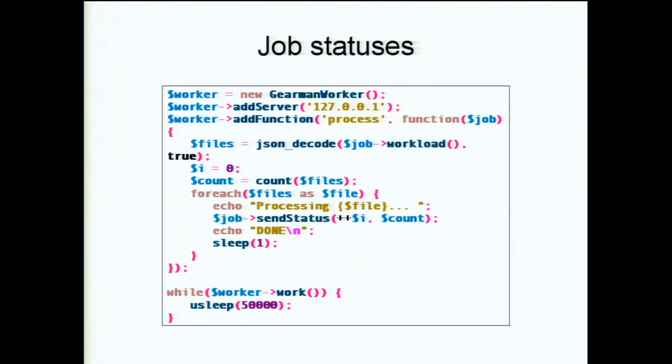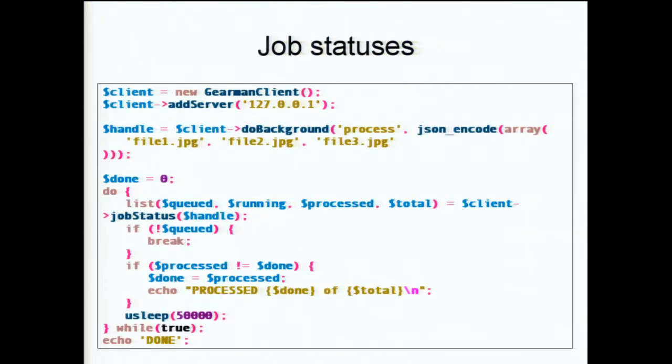The status message is always 2 numbers, a numerator and a denominator, so you can build a percentage or whatever system with that. In this case, I'm using that to say which number of files I already processed. The rest of the worker is exactly the same. Again, I'm blocking until I get something to do. So how do I use it from the client?